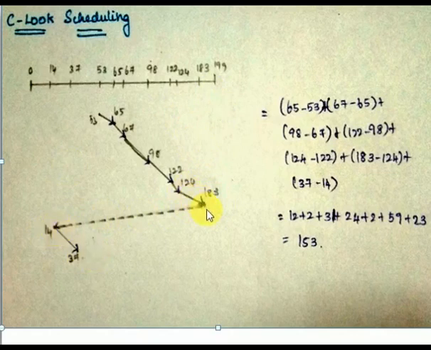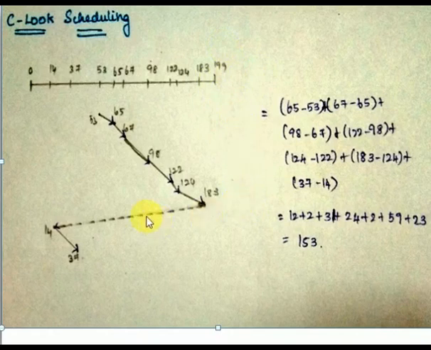Here also the similar principle applies: between 183 and 14 on the return way it is not serving any request. So C-scan and C-look have a similar principle. The difference is that it does not reach the end of the disk.